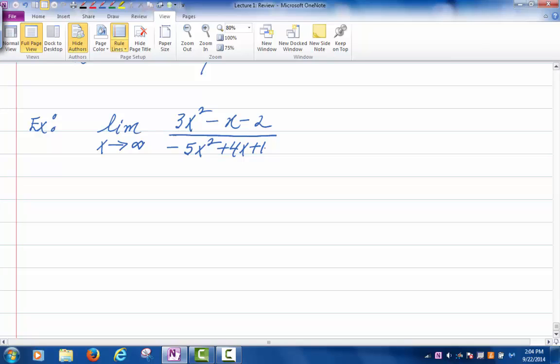Okay, so we are trying to take the limit of a rational function as x goes to infinity.